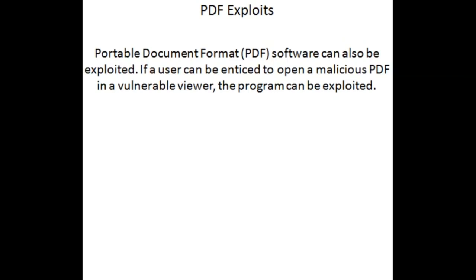First, though, we need to set up a handler for the payload. We can use the multi/handler module as we learned before. Be sure to kill the Aurora job if its handler is also listening on port 4444, to free up this port for multi/handler use. When we open the malicious PDF, we again receive a session.